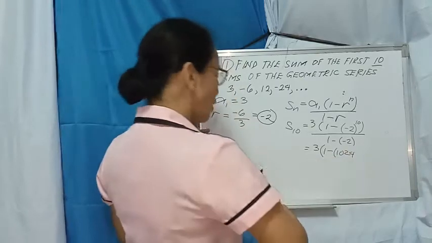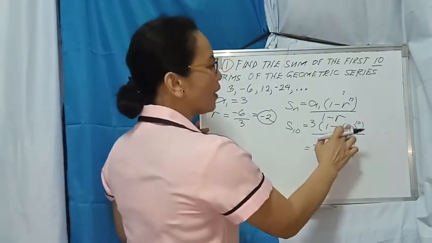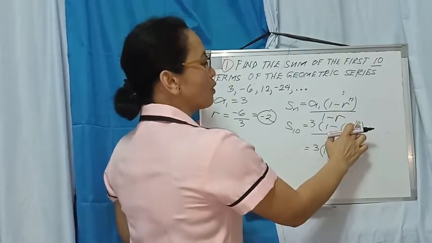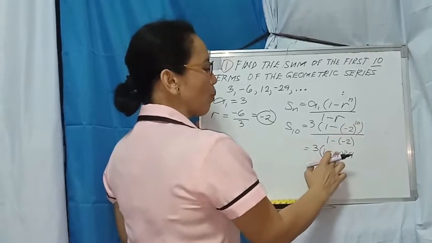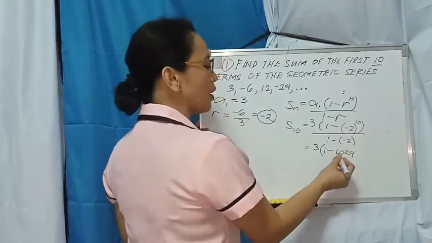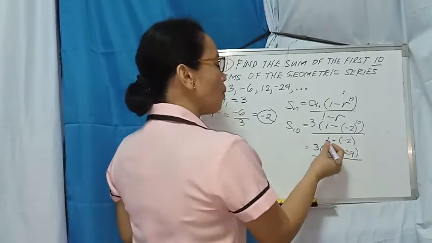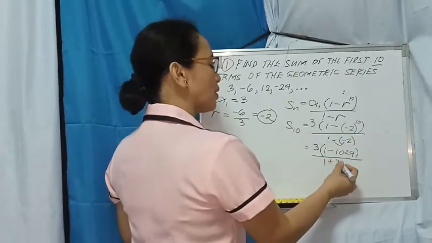So we write here 1,024. We can erase now the parentheses because, again, the negative sign is raised to the 10th power, so that is an even number, automatically positive. Positive times negative, the answer is negative. All over 1, copy, negative times negative, positive 2.